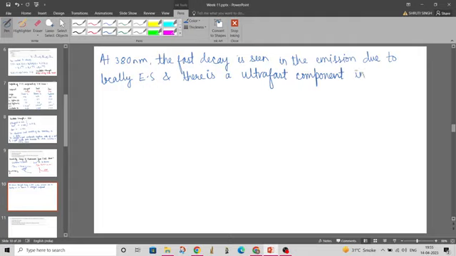And in the anisotropy we just now saw that there is an ultrafast component. So this cannot be due to rotation.